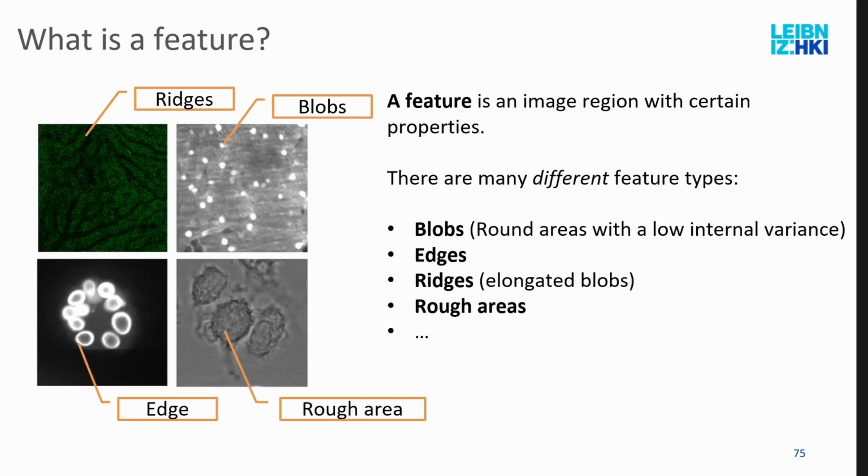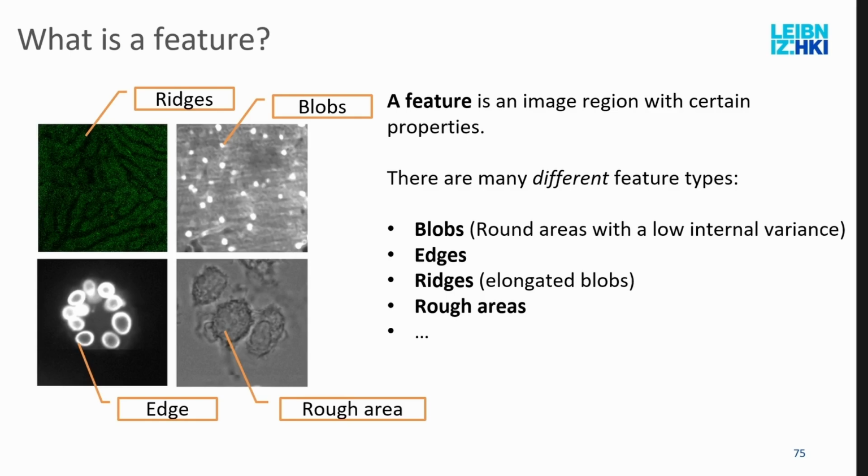In the edge region, we have data where the edge is actually the interesting thing. Or here, images like that from transmitted light microscopy, where the structure is not generally brighter than the background, but it's rougher. And these are the more general features.